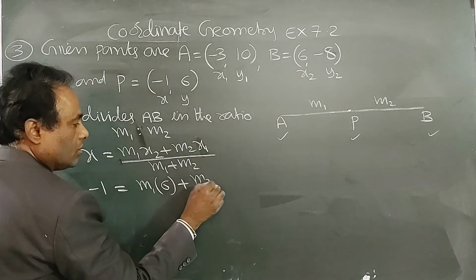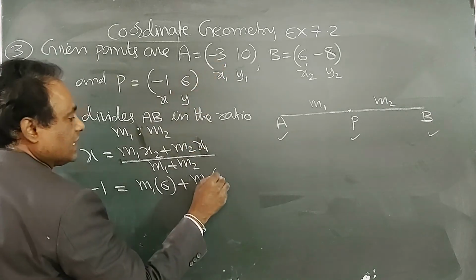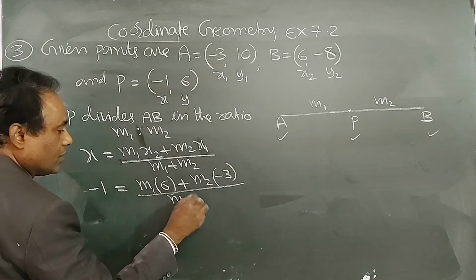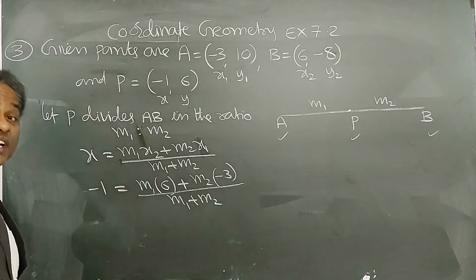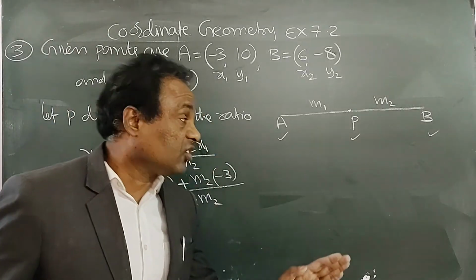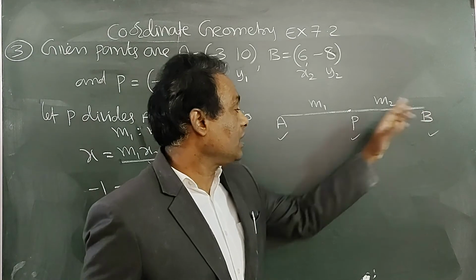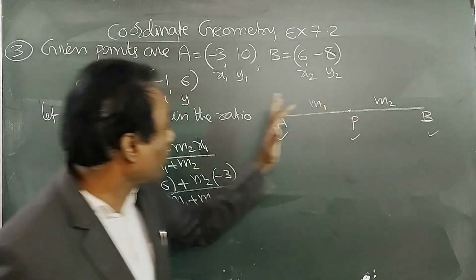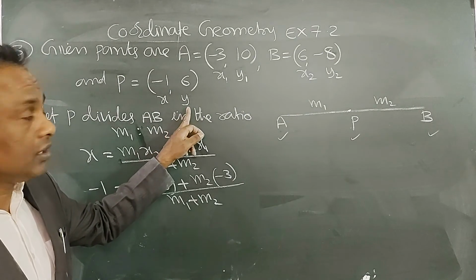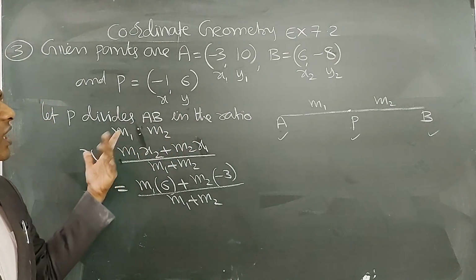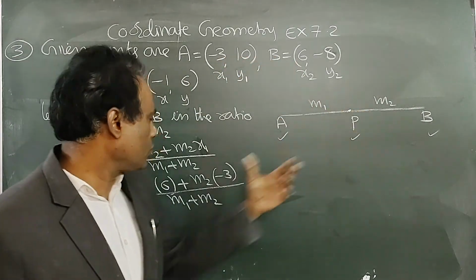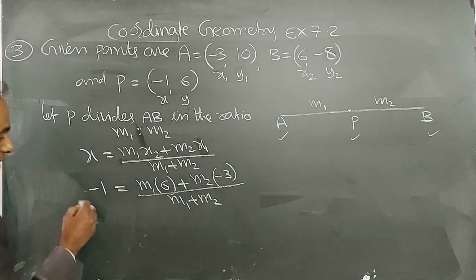M2 we don't know. X1 is minus 3. By m1 we don't know, m2 we don't know. See students, in what ratio P is dividing AB? One end is x1, y1, other end is x2, y2. Dividing point should be taken as x comma y. So apply this formula. x, x1, x2 are known, m1, m2 we keep as they are. Cross multiply.